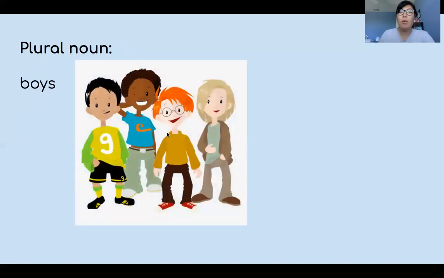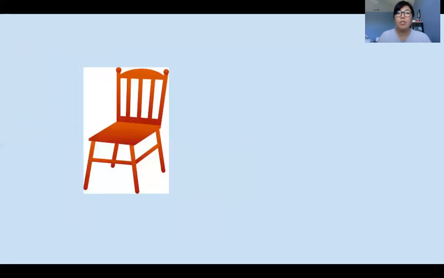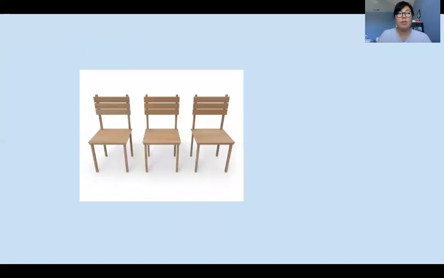Now that we know the difference between singular noun and plural noun, you have a better understanding of how to show possessives. Let's do one more example before we go into that. Chair. How many chairs do you see? 1 chair. This is a singular noun. What if there are more than 1 chair? 3 chairs. Plural noun. Many things, many chairs.